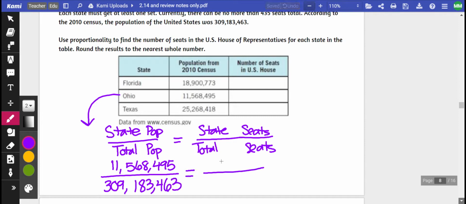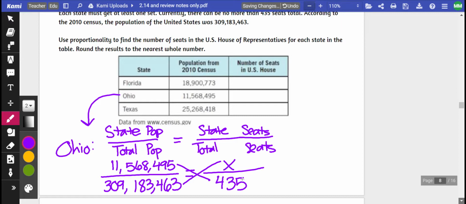We don't know how many seats Ohio will get, but we do know that there are 435 total. So you're going to cross multiply.